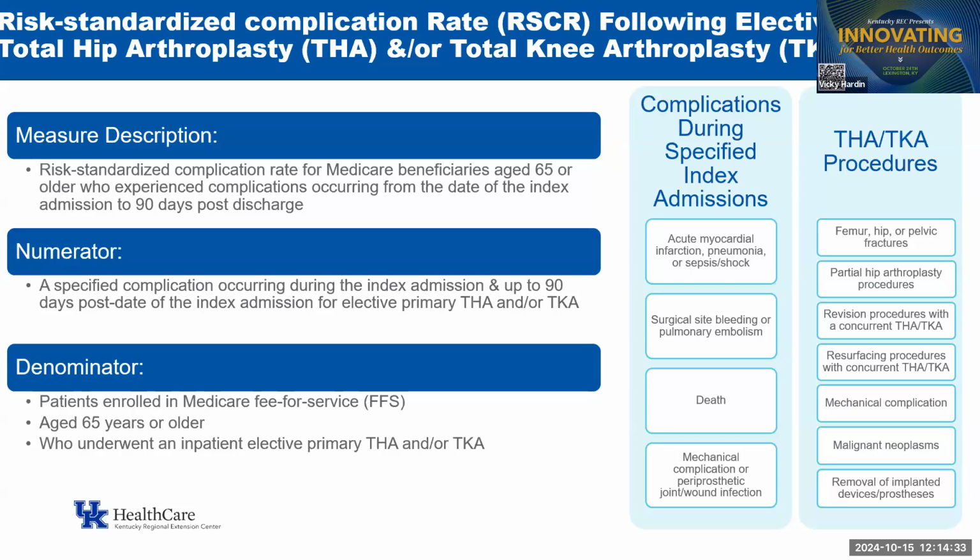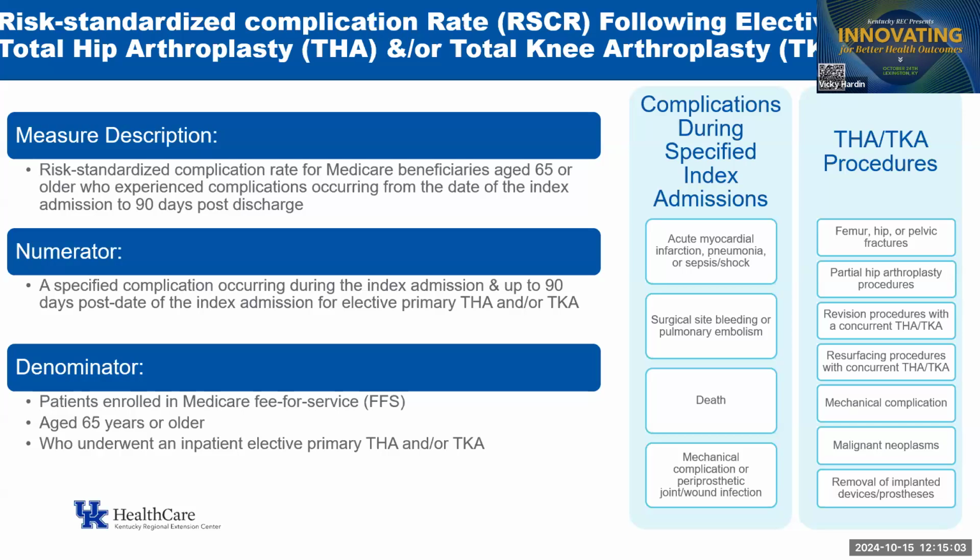Also, the measures use 3 years of inpatient claims to identify the index admissions for THA or TKA procedures, and 1 year prior of inpatient, outpatient, and physician Medicare administrative claims data to collect those diagnoses for risk adjustment, and 90 days post-index admissions for outcome determination. The specified complications are listed on the right side of the slide. We'll just go through those briefly.